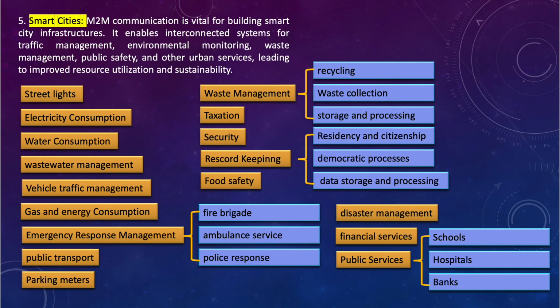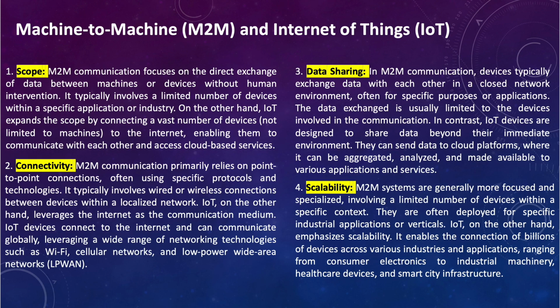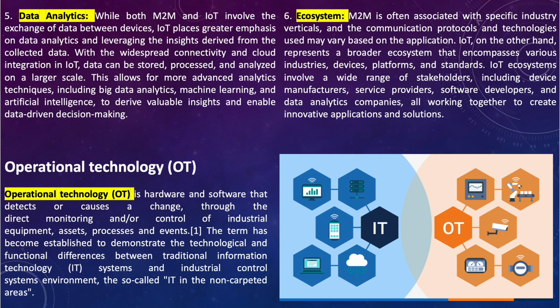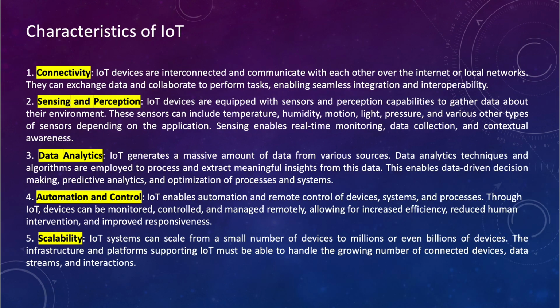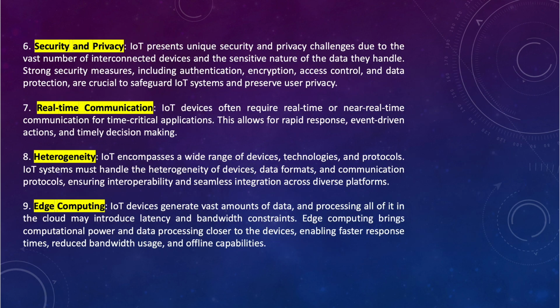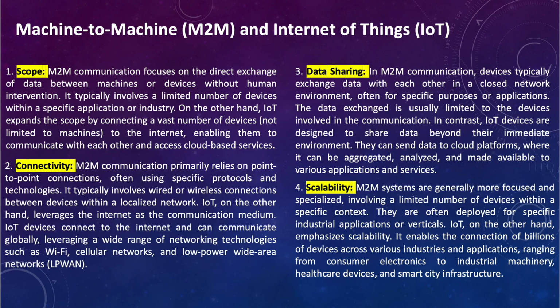We will talk about smart cities. In smart cities, we will move to a massive number of topics where we can use machine to machine or IoT to answer those problems in smart cities. Then we will talk about the rest of it to understand the difference between machine to machine and IoT, or the subtle differences between them.